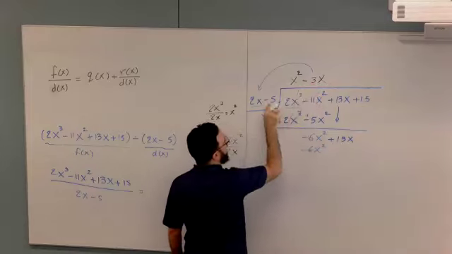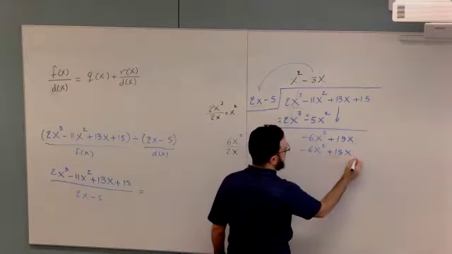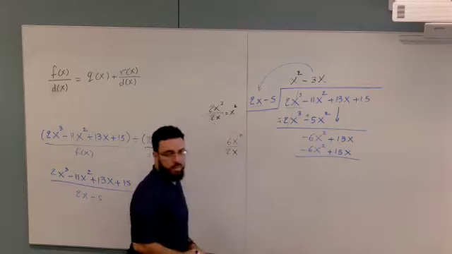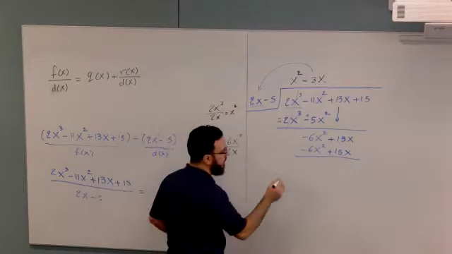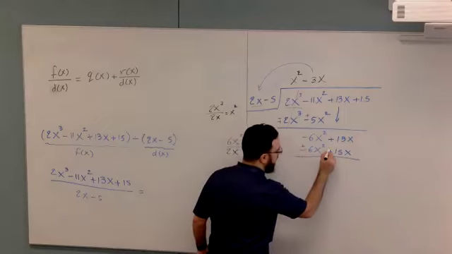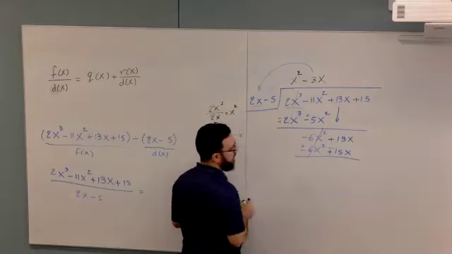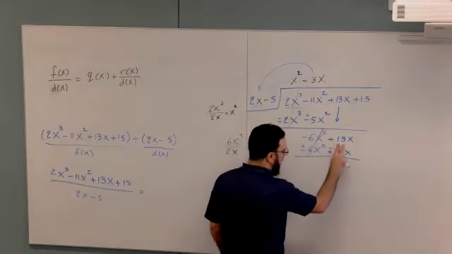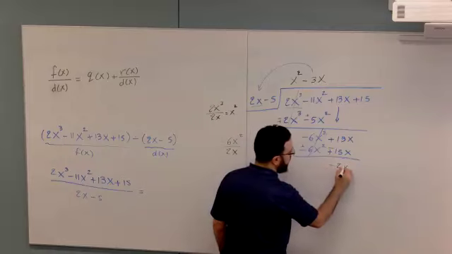Negative 3x times negative 5, 15x. Okay. Now what's the next step? Change the sign. So this one is going to be cancelled. 13 minus 15, negative 2x.